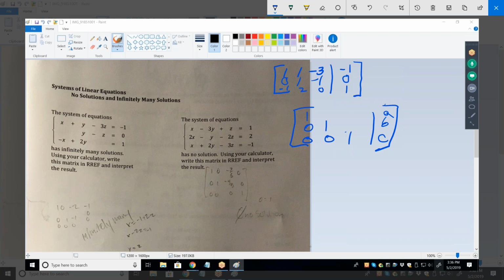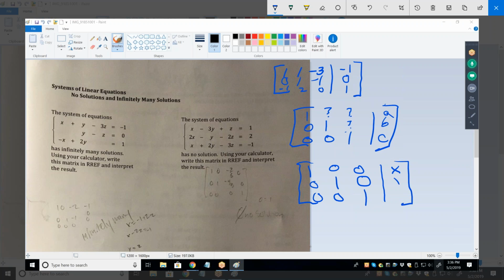Now, there's two types of these matrices. I thought my terminology was correct, but I'm not sure what the correct terminology really is, but this is what the matrix would look like, where you have zeros everywhere except along the diagonal.